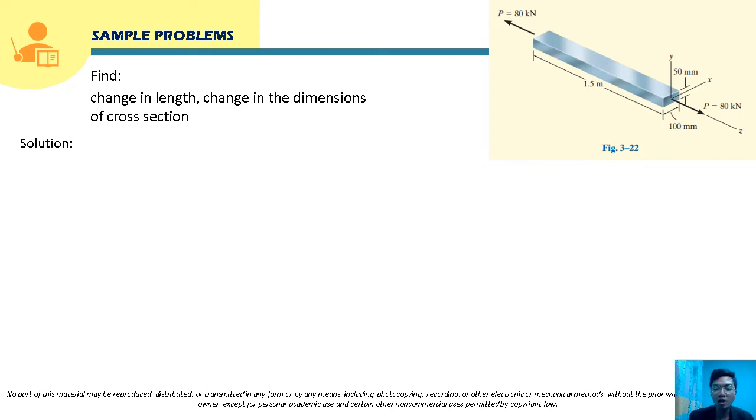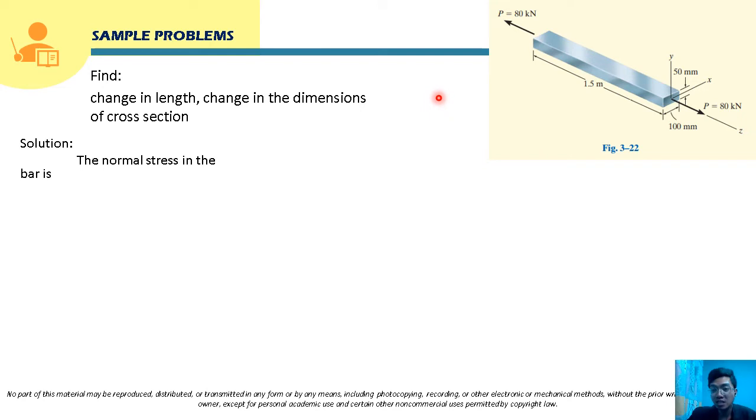So for the first one that we are going to solve, we are going to solve the deformation, or the change in length. To solve for the change in length, we can use Hooke's law, that is sigma is equal to E times epsilon.